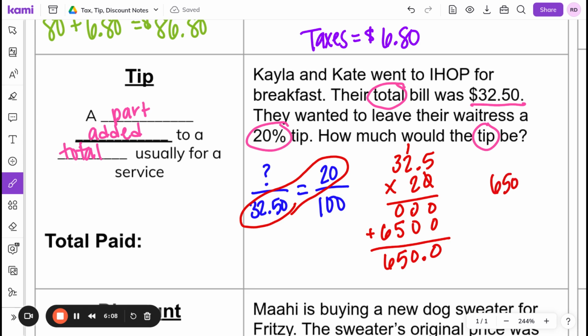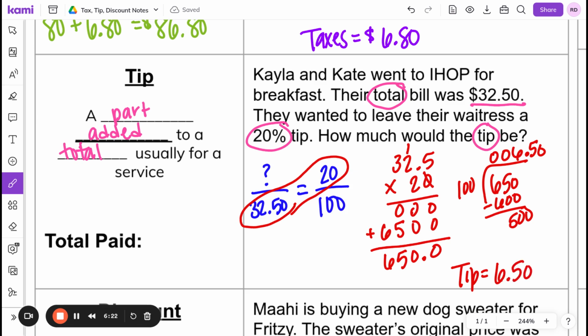And then we're going to divide by 100 to get a tip of $6.50. Now, again, in the definition, it says the tip gets added to the bill. So we have to add $32.50 plus $6.50 to get a total bill of $39.